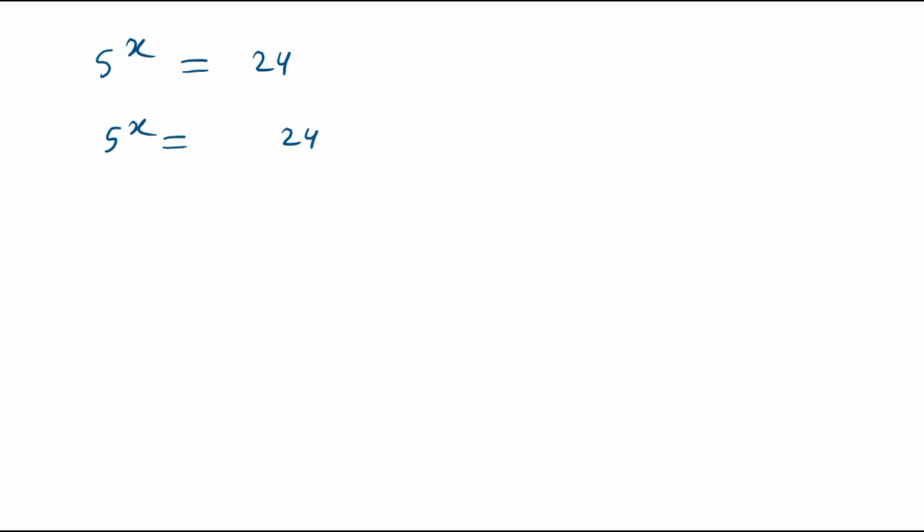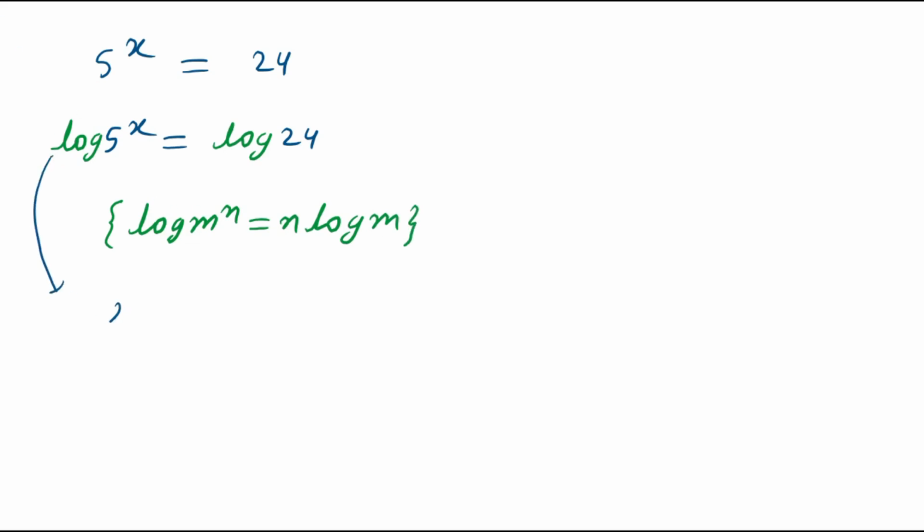If we take log both sides, and on the right hand side log 24, on the left hand side we will apply this rule: log m power n is equals to n times log m. Then the left hand side is x times log 5, and this is equals to log 24.